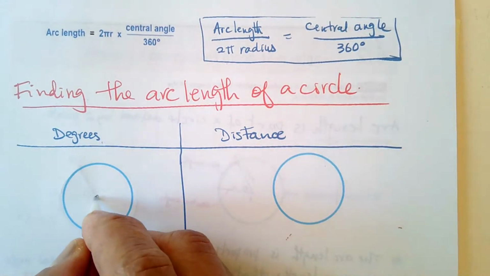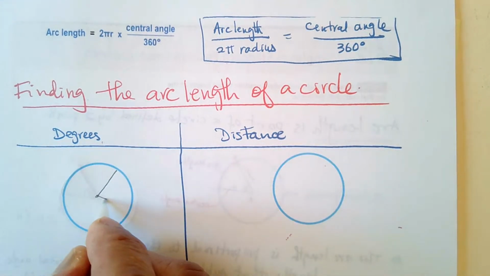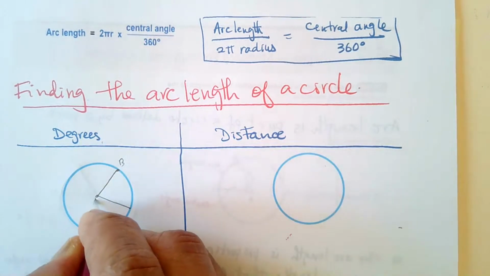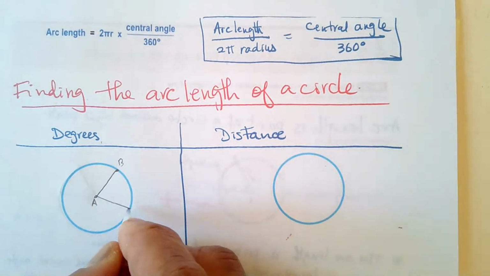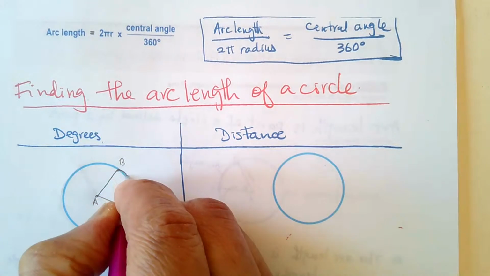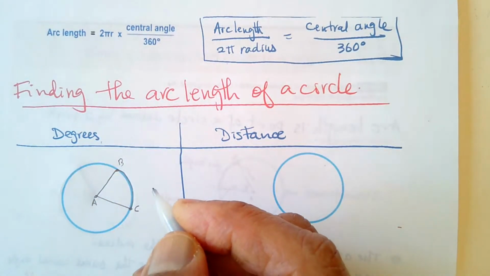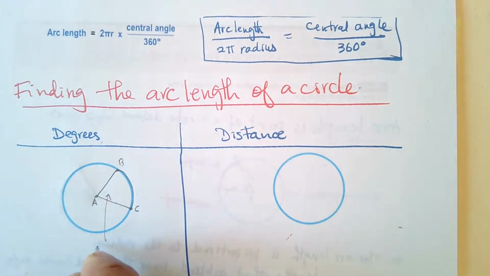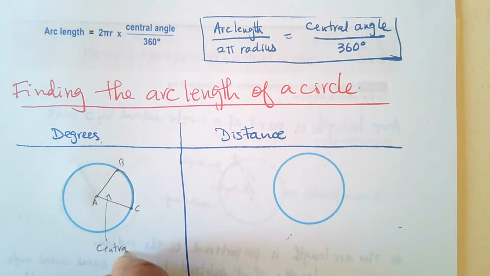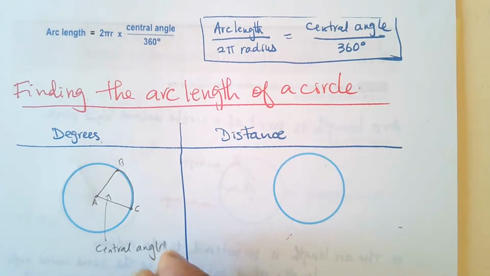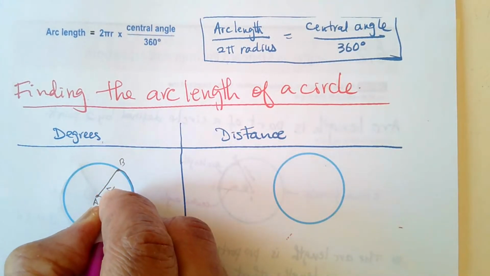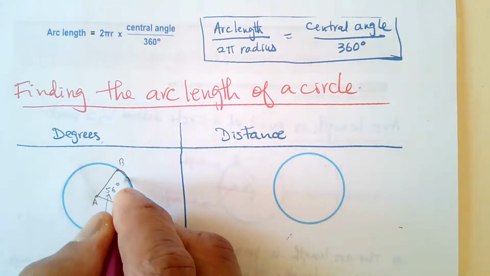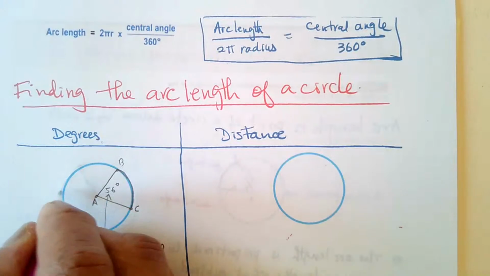Here I want to find this arc length. I call this B, my center of the circle, and C, this is my arc length. And the central angle in here, say this is 56 degrees. Then the arc length here in degrees, because the total circle is 360, right?